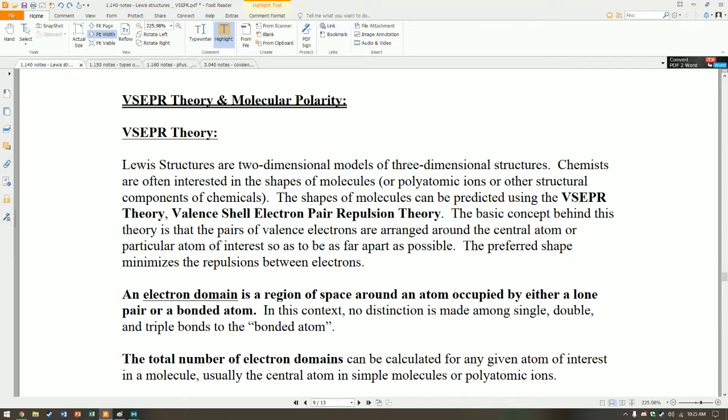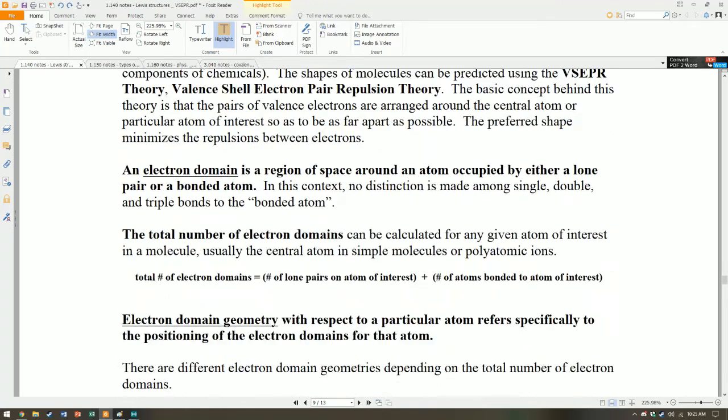these shapes. For those of you that are mathematically inclined, you can actually use a bit of vector calculus to derive the bond angles, and you can essentially use that to determine the overall shape, because what you essentially want to do here is maximize the distance between two vectors to minimize the electrostatic repulsion between them, and that would correspond to a specific angle with respect to, I think it's cosine theta.